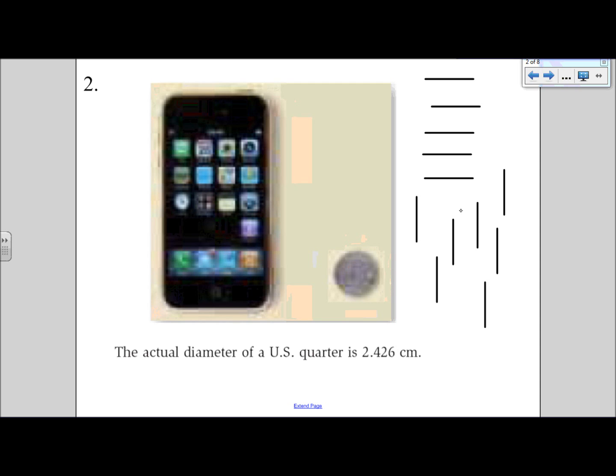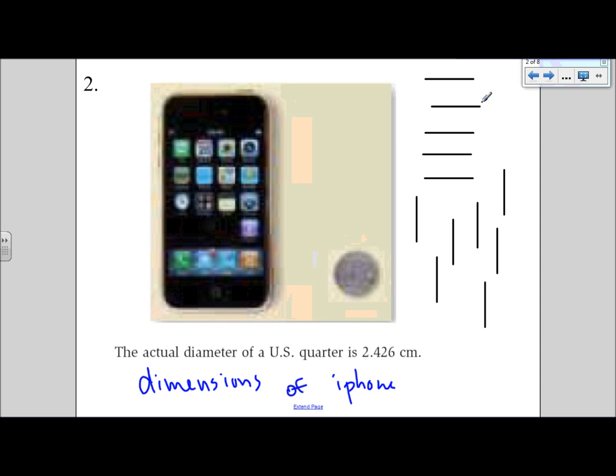So if I know shapes are similar, I can actually use the information from the picture to find some actual dimensions. So what I want you to do is try and find the dimensions of the iPhone. Or it could be an iTouch, don't really know for sure.